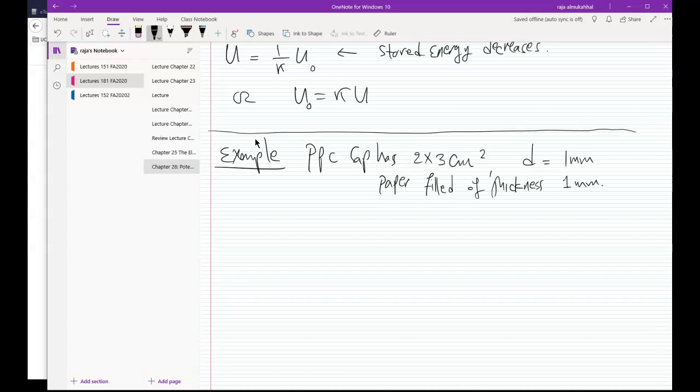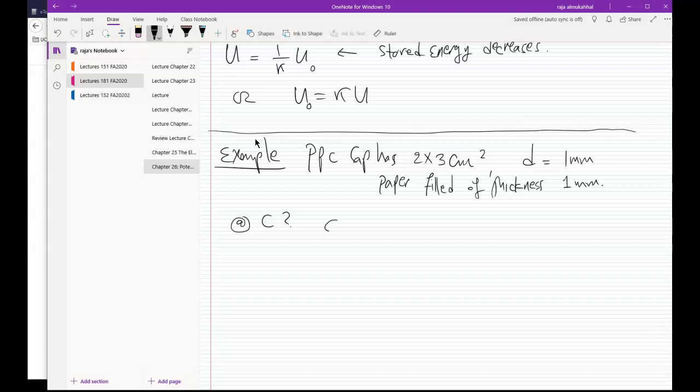Basically, it fills completely the gap between the two plates. There are 3 questions here. A. What is the new capacitance?